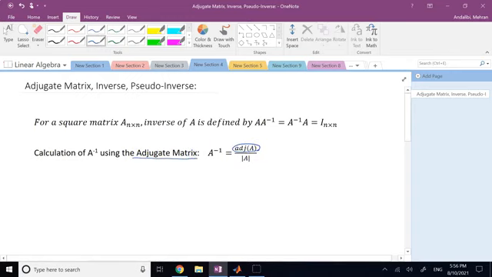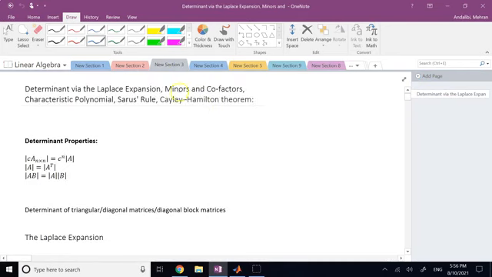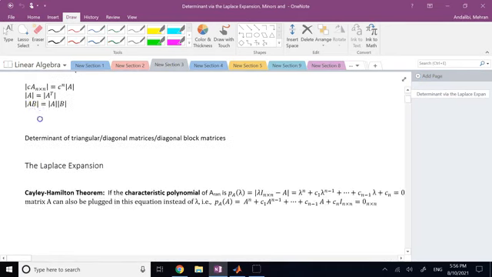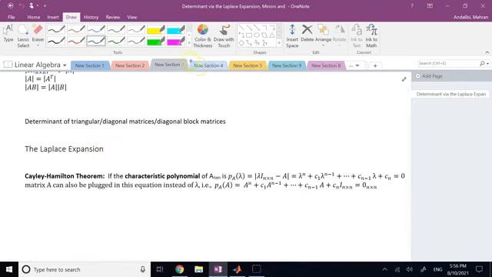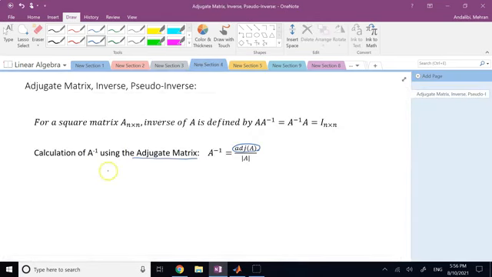So I think you remember from my previous lecture the notion of cofactors and minors, right? When we talked about the Laplace expansion, I showed you the determinant of A was basically, let's say, A1,1 times negative 1 to the 1 plus 1 times the determinant of submatrix M1,1, and so on and so forth.